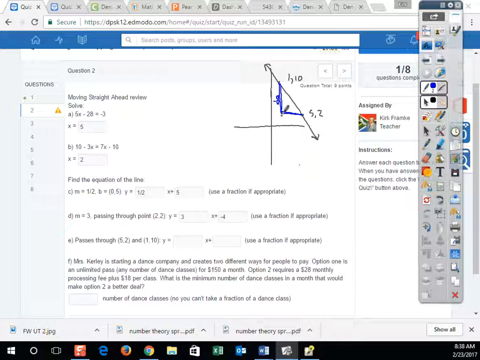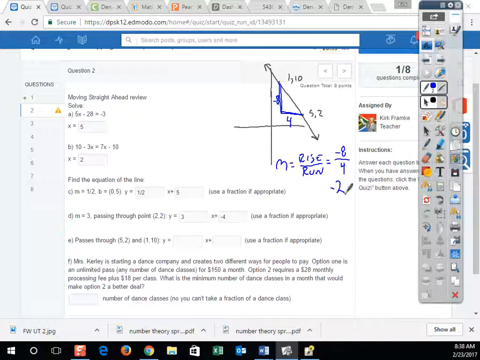What is my horizontal change from 1 to 5? I added 4. And remember when I said that slope is equal to rise over run. What is my rise in this case? Negative 8. What is my run? So I have a slope of negative 2.